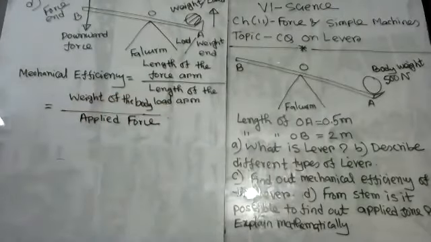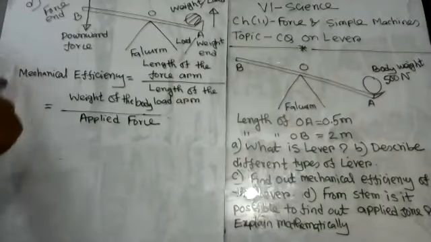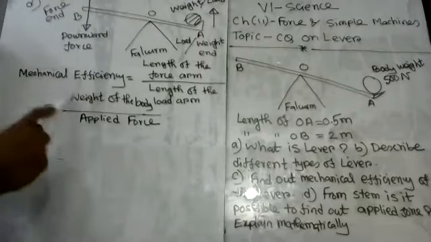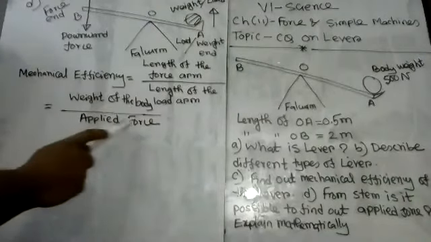Now, you are going to find out the applied force to lift this body of weight 500 Newton. So you can easily solve this question by using the formula mechanical efficiency equal to weight of the body divided by applied force.